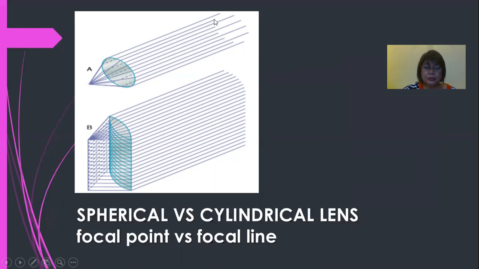If this is a light source like the sun, keep on moving it, it will focus into a focal point. And this is like using a test tube filled with water. So the vision is a line. It is not a focal point, it's a focal line.